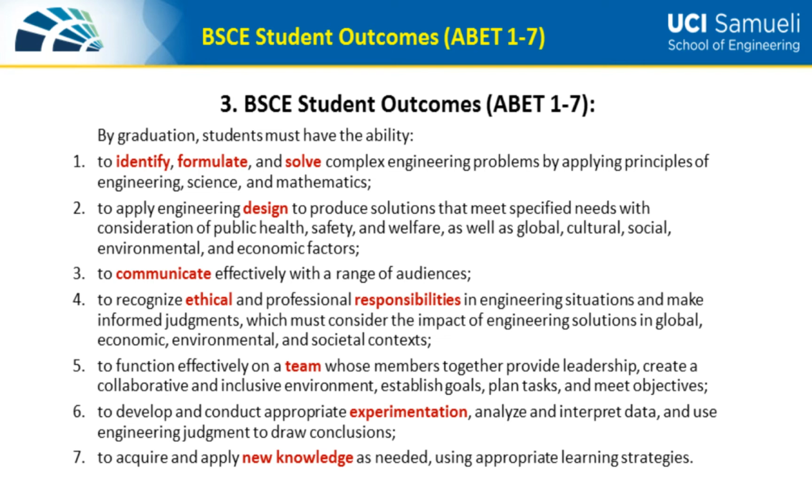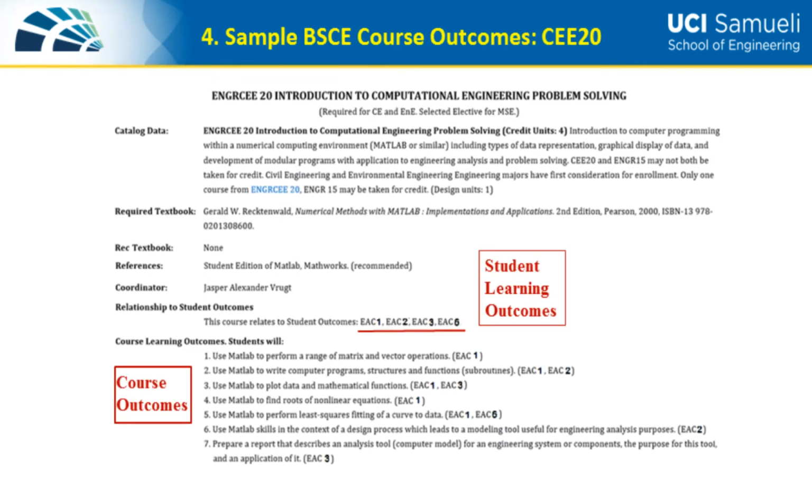In each engineering course that you take, one or more of these SLOs will be linked to specific course outcomes expressed in terms directly related to the course in question. For an example, see the next slide. In addition to program educational objectives and student learning outcomes, we also have course learning outcomes. Shown as part of the course syllabus for CEE 20, a core course taken in the second year.